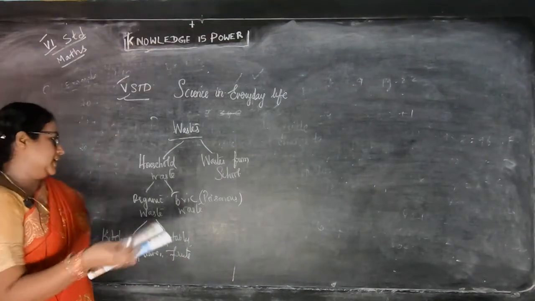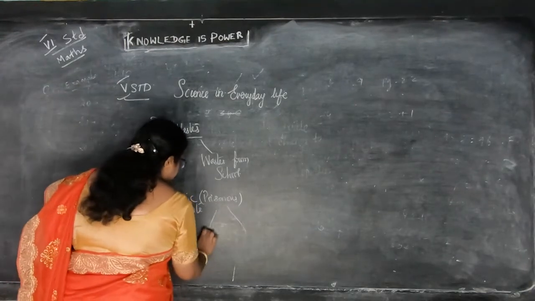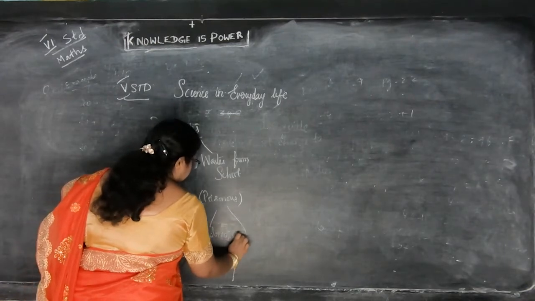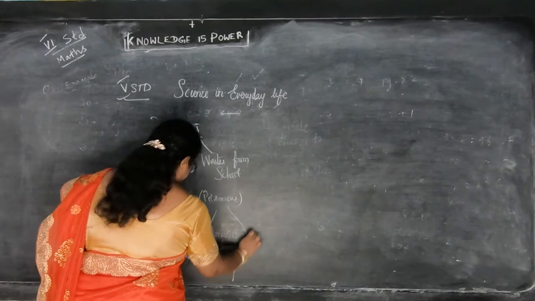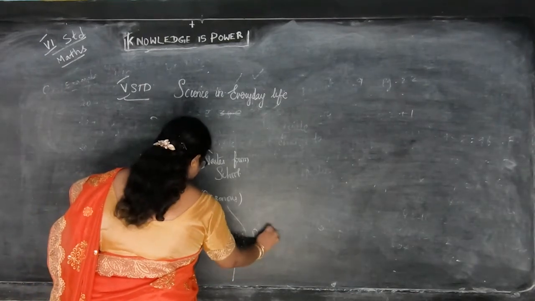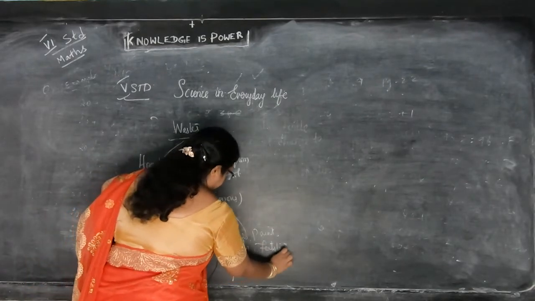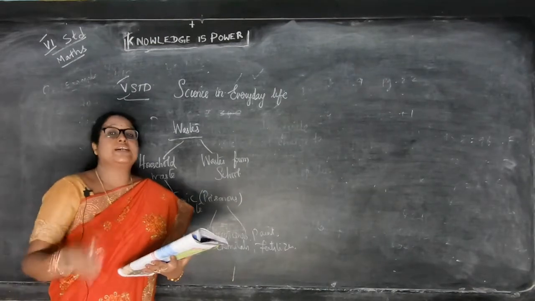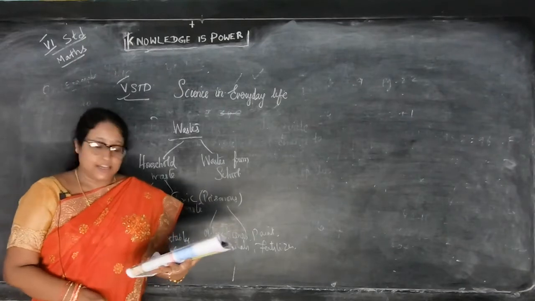Toxic waste is acidic as well as poisonous waste, like old medicines, chemicals, paint, then fertilizers. What is fertilizer? It is a chemical added to the soil to increase the fertility of the land.